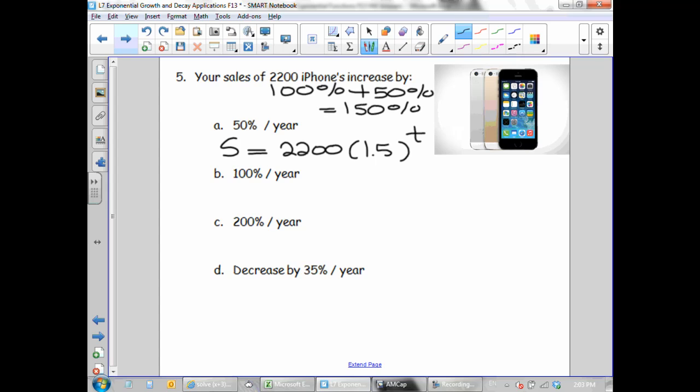There you go. It's that easy. You figure out the factor that's going to cause this to increase, and you basically put a little t as an exponent. That's where we are in our story so far.